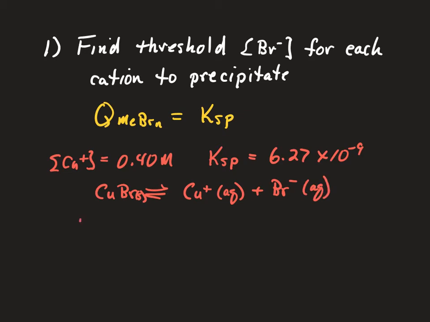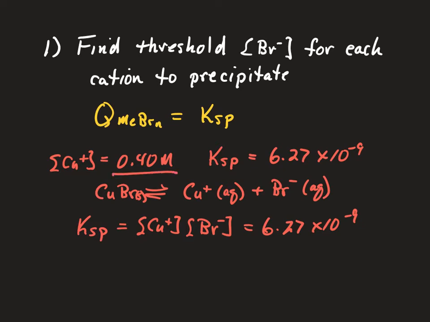So our KSP is equal to the concentration of copper ion times the concentration of bromide ion, and that is equal to 6.27 times 10 to the minus 9. We know the concentration of copper ion is 0.40, so 0.40 molar times the concentration of bromide ion equals 6.27 times 10 to the minus 9.